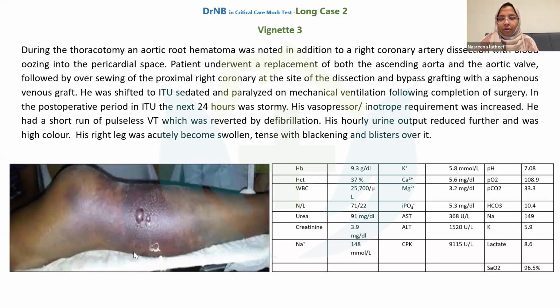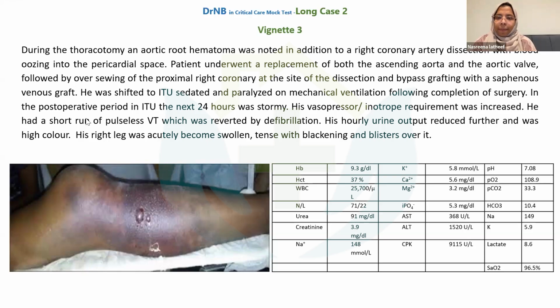I will also consider starting him on vasopressors and maintain the MAP around 65 mmHg, and adequate hydration is required for the rhabdomyolysis. But I will again assess his fluid responsiveness as per the dynamic indices. If he is going into a fluid overload state with refractory hyperkalemia, I will have to consider renal replacement therapy.